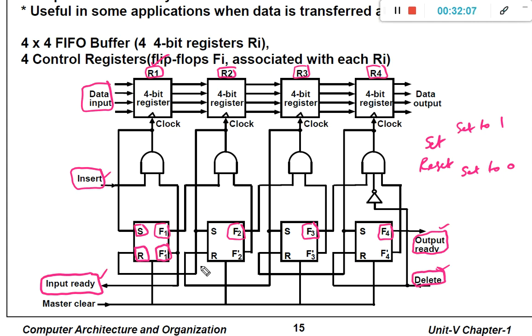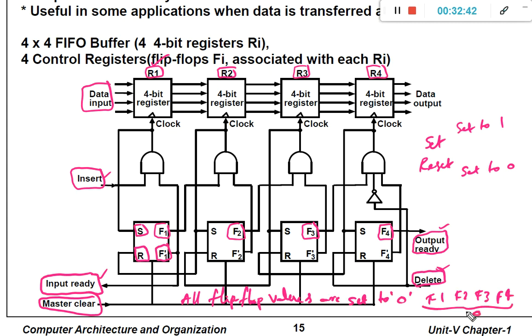These are the basic things available in the circuit, and the master clear is going to set all flip-flop values to 0. That is, F1, F2, F3, F4 values are set to 0 based on the master clear.